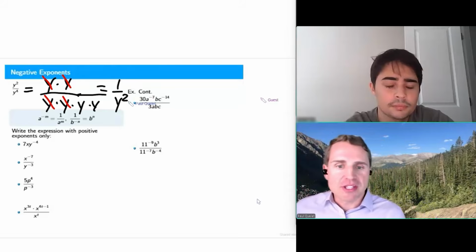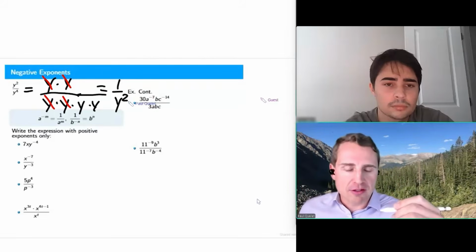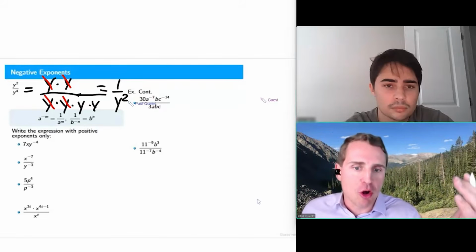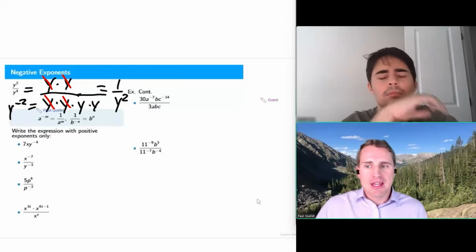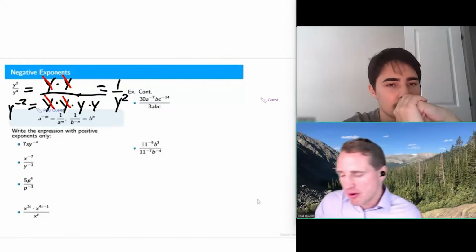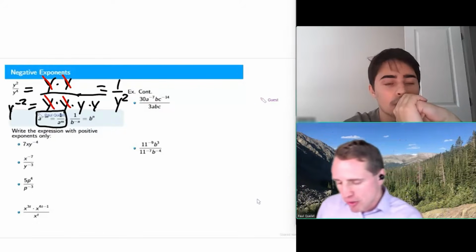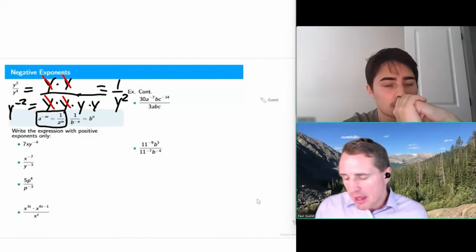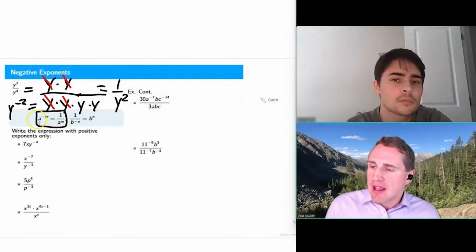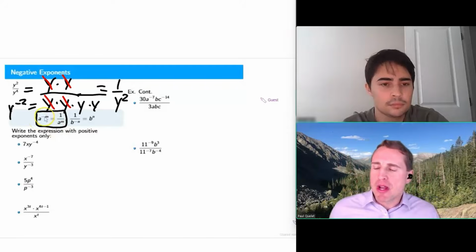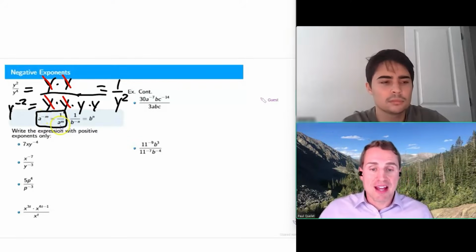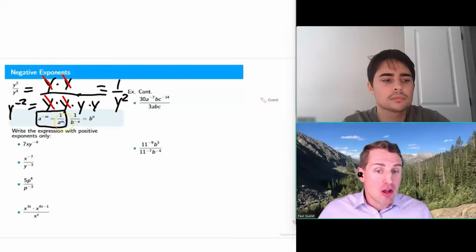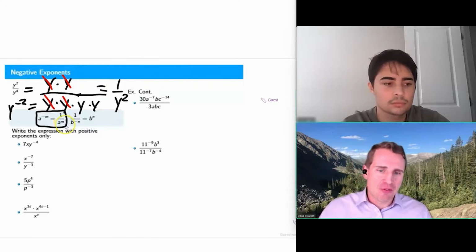If you just use the same rule that we did before, the subtracting exponents rule, the so-called quotient rule, that's the same thing as y to the negative 2. So y to the negative 2 is the same thing as 1 over y squared. So that leads us to this really interesting formula. The formula says that any base to a negative power is just 1 over that same base to the power, but then take off the negative from the exponent.